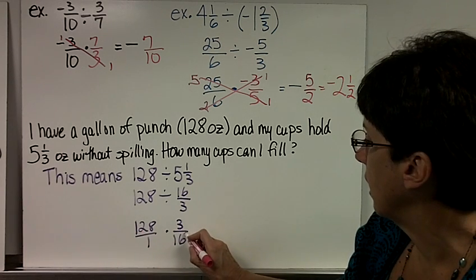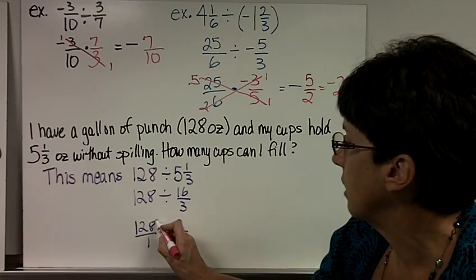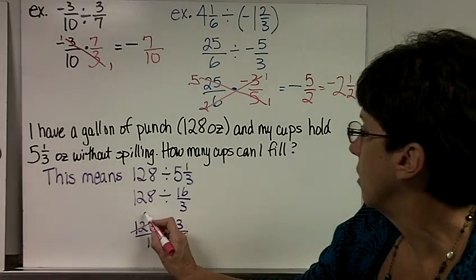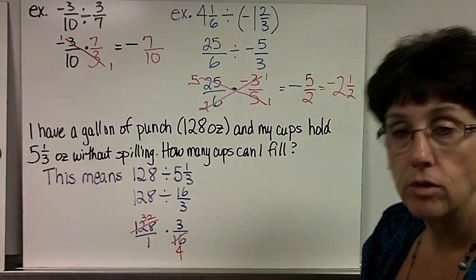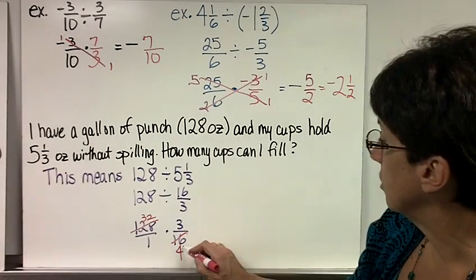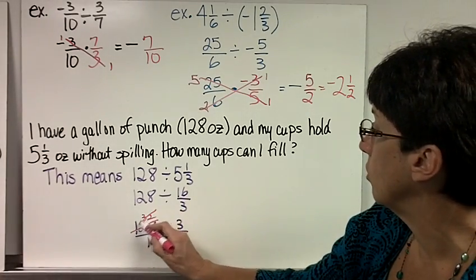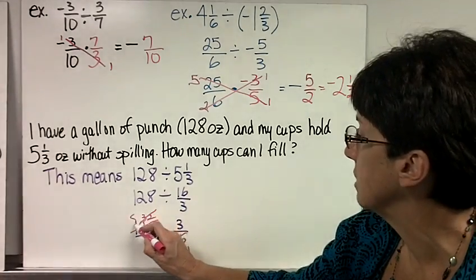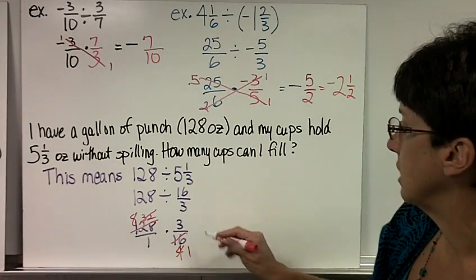So if I cancel and divide by 4, 16 divided by 4 is 4. And if I divide 128 by 4, I get 32. Oh, 4 and 32. I can reduce it more. 4 goes into itself how many times? 1. How many times does 4 go into 32? 8. So now my problem is 8 times 3 over 1 times 1. What's 8 times 3?